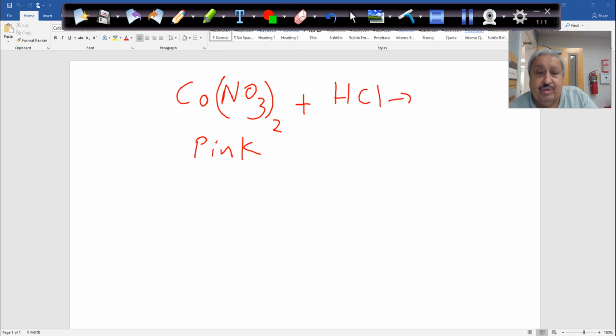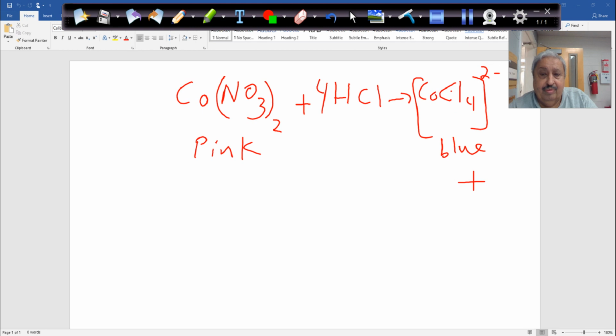And then this one came out to be cobalt tetrachloride, 2 negative. That's a blue solution, plus 4 H plus 4 NO3. So this is colorless.